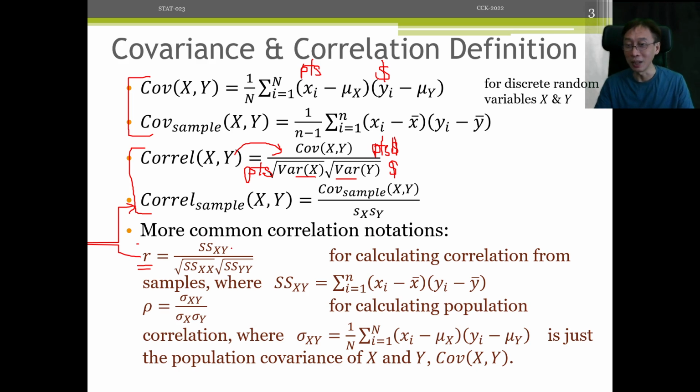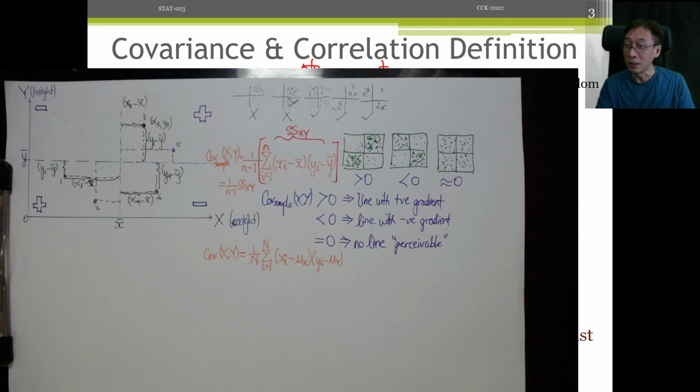Remember what's SSXY? Which is this guy here. Only the sum, no division, only the sum of the products of the lengths. SSXX will just mean that the y is replaced by x, so you have xi minus x bar squared. That's SSXX. And SSYY, you replace the x by y, and that's all.